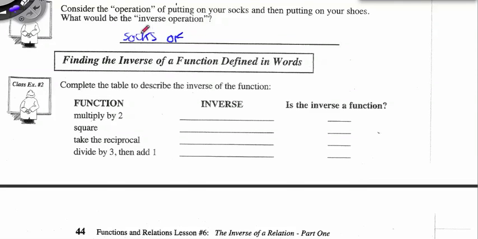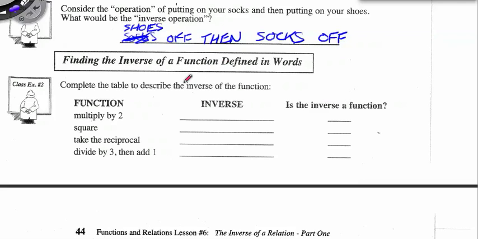Scratch that. Shoes come off first. Shoes off, then socks off. Okay.